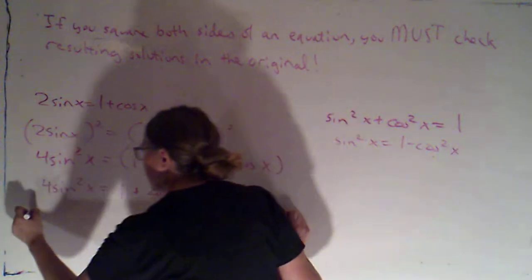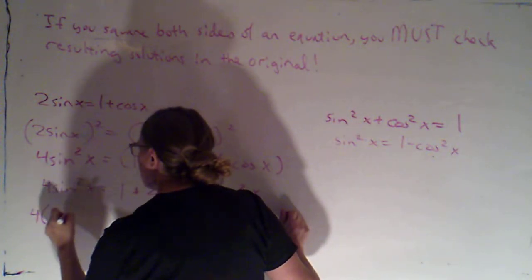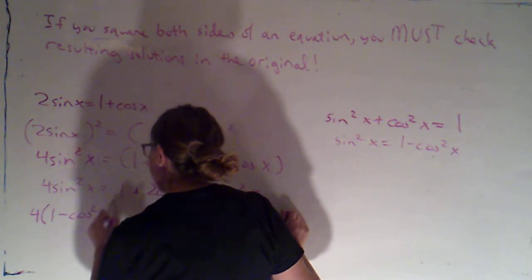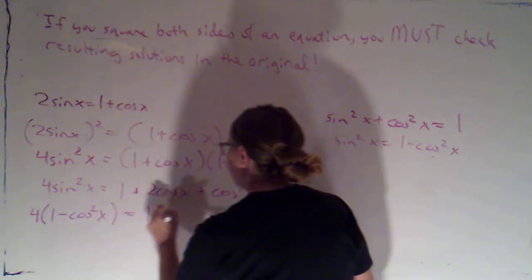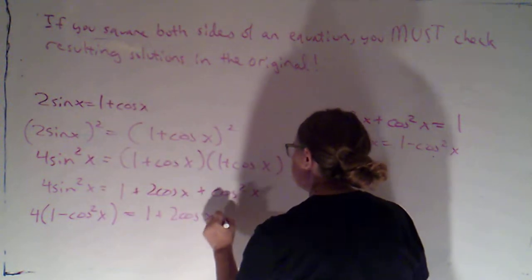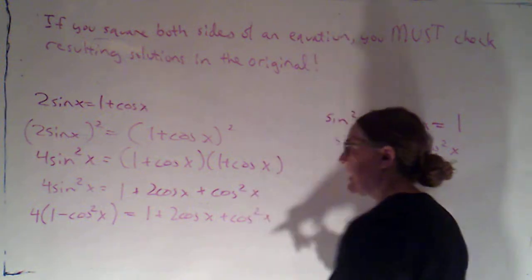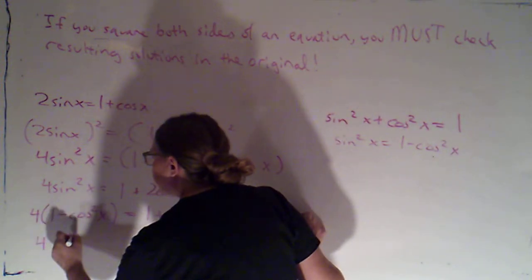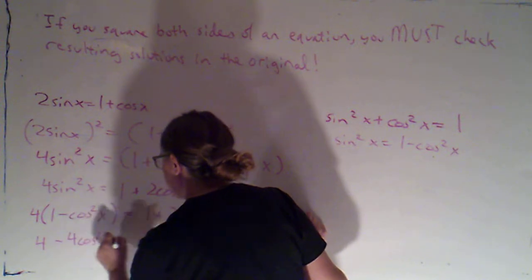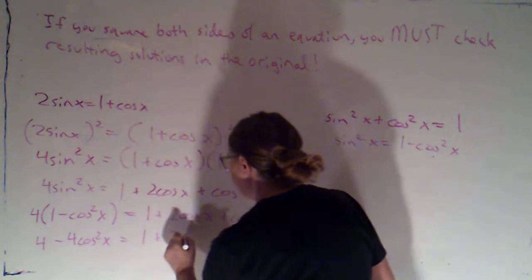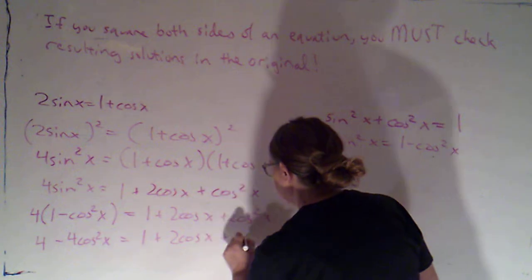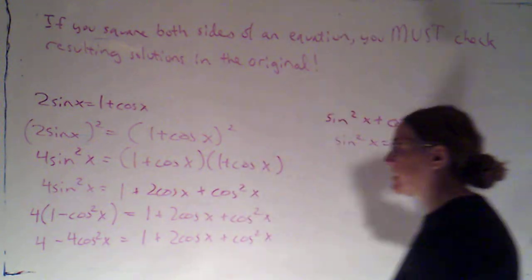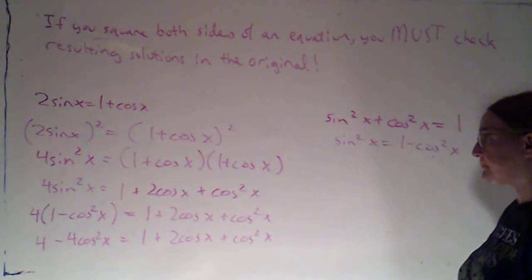So this becomes 4 times 1 minus cosine squared x is equal to 1 plus 2 cosine x plus cosine squared x. That's going to be 4 minus 4 copies of cosine squared x is equal to 1 plus 2 cosine x plus cosine squared x.